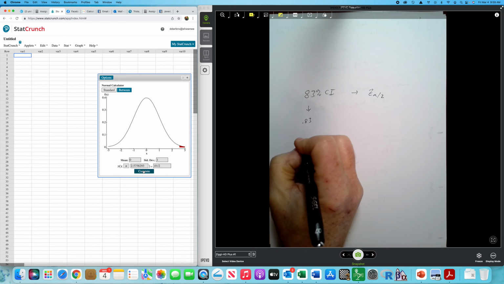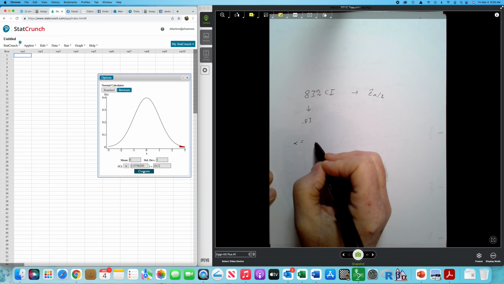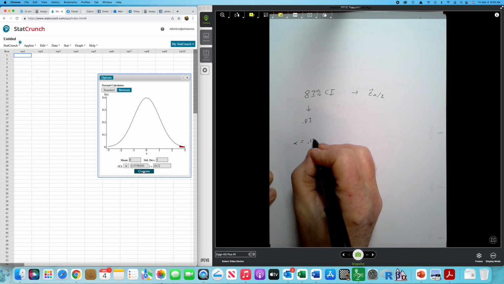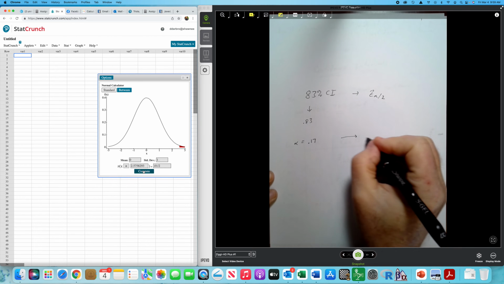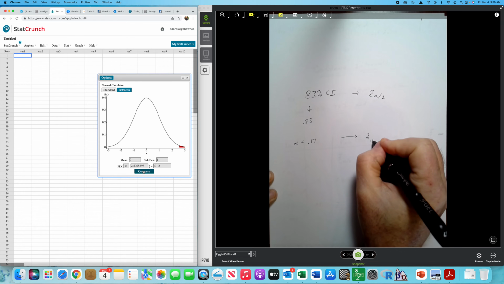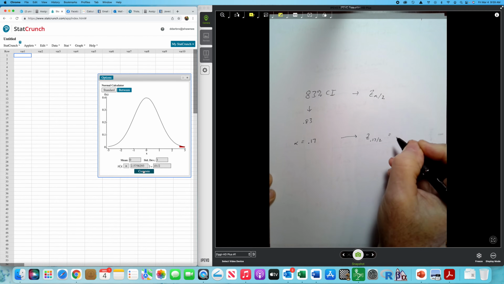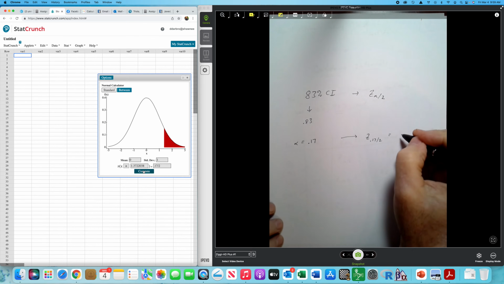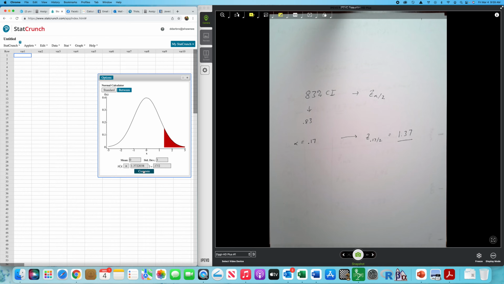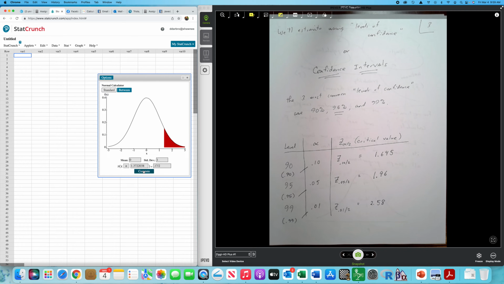Alpha is the number that makes this number plus alpha equal 1, right? This becomes Z of 0.17 over 2. We get 1.37. That's all you have to do. Easy for me to say, right? Okay, so let's move on.